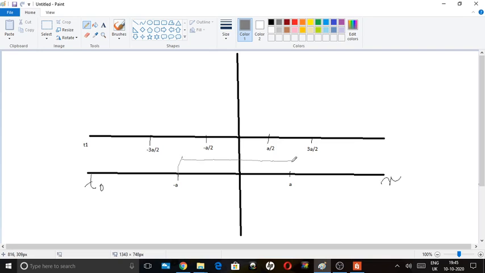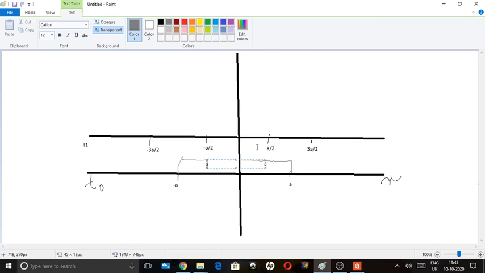The value of u in the closed interval minus a to a is 2, that is u is equal to 2.